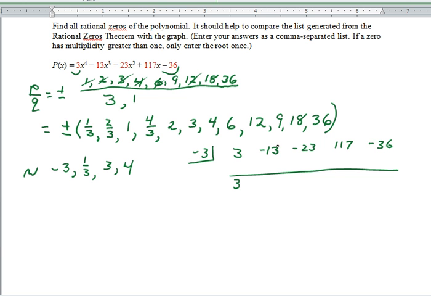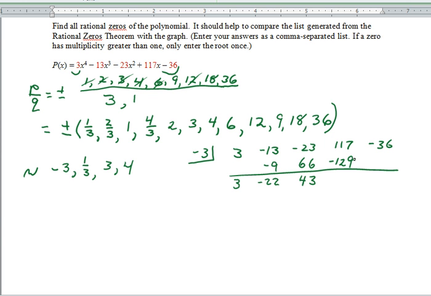3 times -3 would be -9. Add -13 would be -22. -22 times -3 is 66. Add -23 is 43. 43 times -3 is -129.